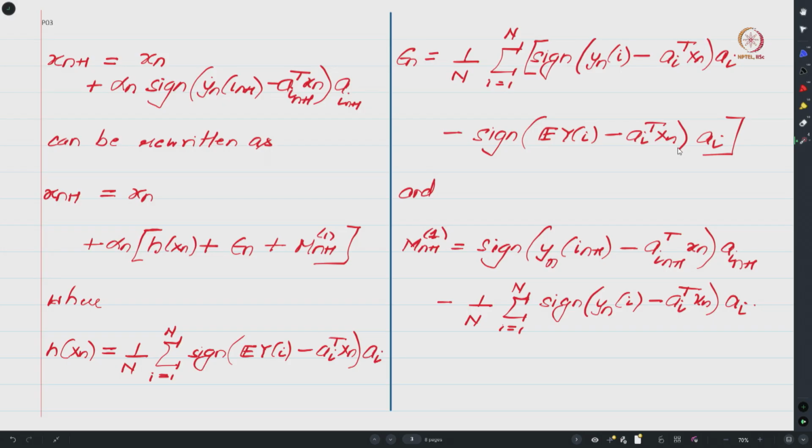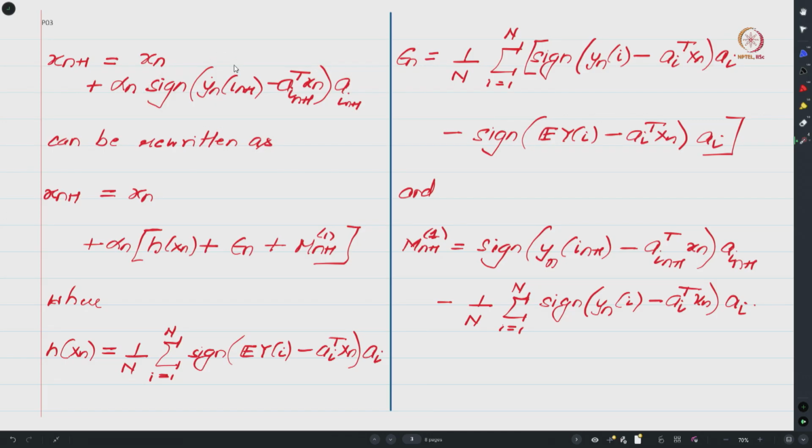So this and this cancel off, so what we are left with is this expression, and this M_{n+1}^{(1)}. The 1 here denotes that this is the noise sequence associated with this x_n update. So this expression is basically what we have in the update rule in reality, minus whatever is the expression over here. So you can see that if you add h(x_n), epsilon_n and M_{n+1}^{(1)}, you would indeed get back this expression over here.